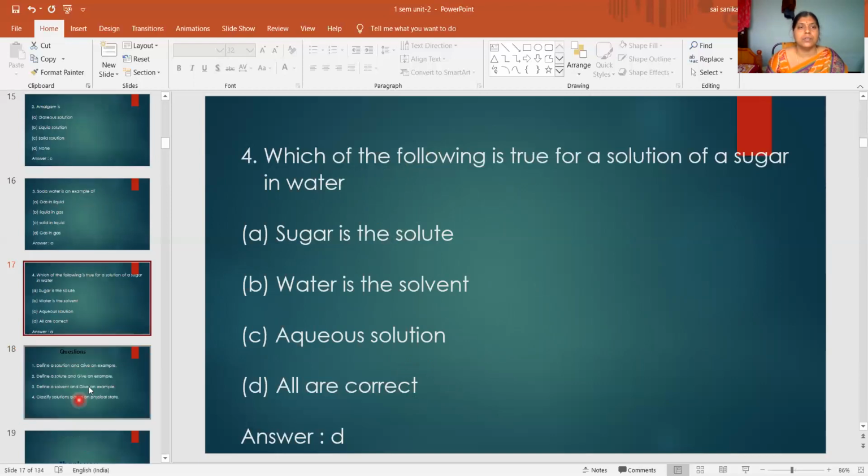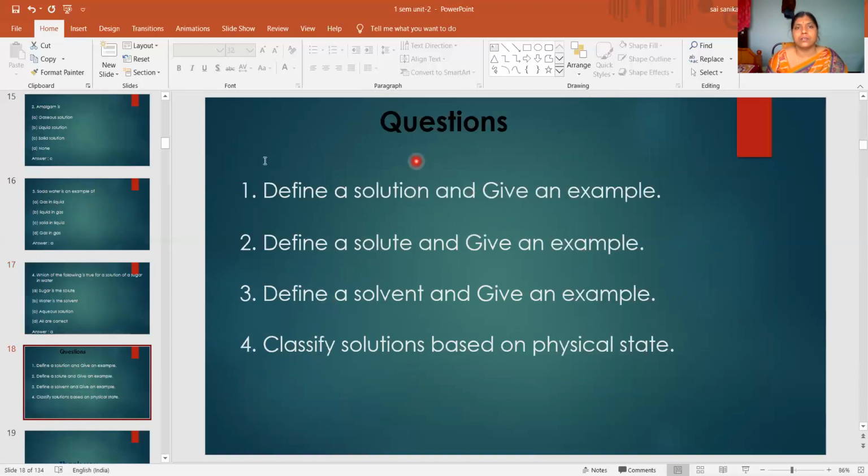Then come to the questions. What are the questions you get in the exam from this topic? Very simple questions, that is definition: define a solution and give an example. Define a solute and give an example. Define a solvent and give an example.